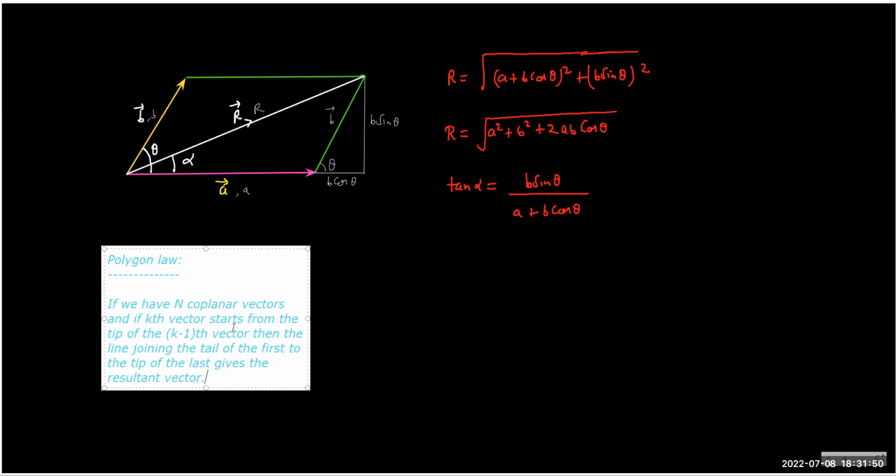Or you can say the line which closes the polygon gives the resultant taken in reverse order.